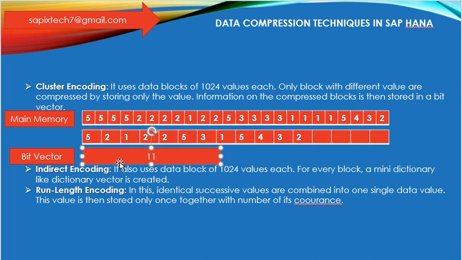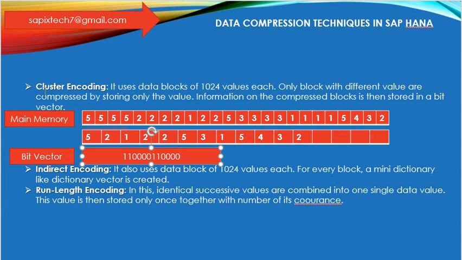Now 1 has not been replaced, 2 has not been replaced, 2 has not been replaced, 5 has not been replaced. So for those, it will store 0. Again, 3 has been replaced because 3 was four times. If I look here, 3 was four times. So for that, it will store 1. 1 has been replaced. Yes, 1 was again four times. So for that, it will use 1. 5, 4, 3, 2, 1 has not been replaced. So this way it will convert.